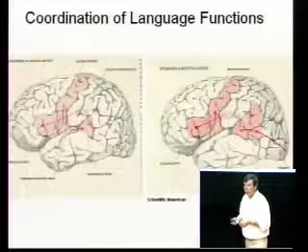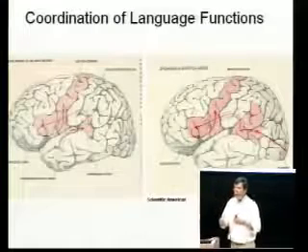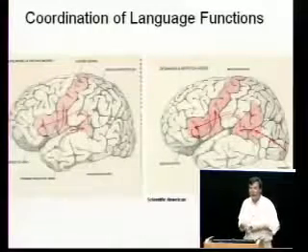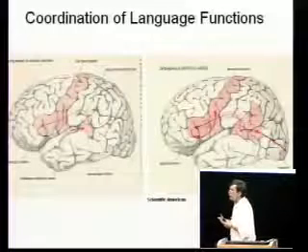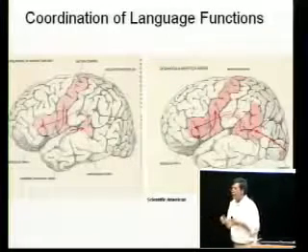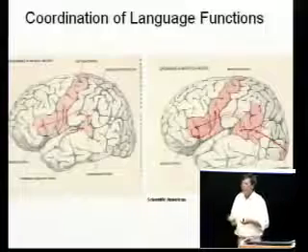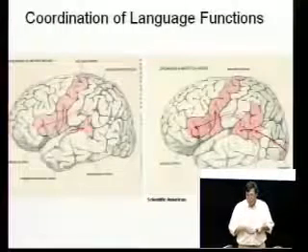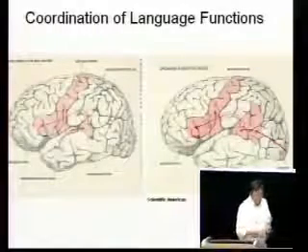So again, this is just an illustration of how a number of different brain areas work together to perform even so simple a piece of behavior as repeating a spoken word or repeating a written word.